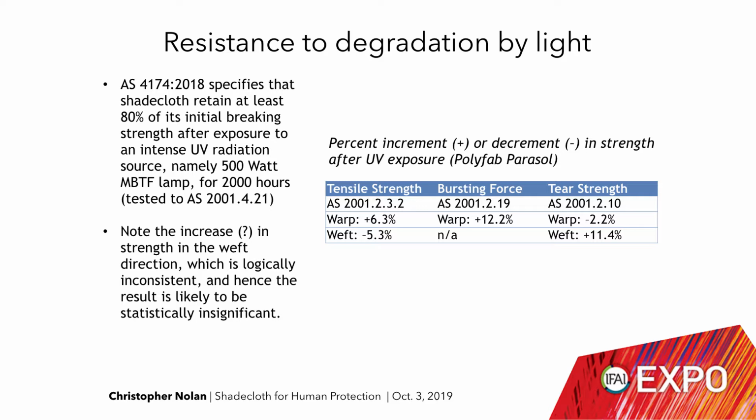Because of the variation of measurement error, again, those results can be attributed purely to measurement error rather than the effect of ultraviolet light. And this illustrates the importance of being very circumspect and very cautious when you look at test certificates, because statistically all of those results are part of the same population, and there is no statistical significance in the difference between those results.